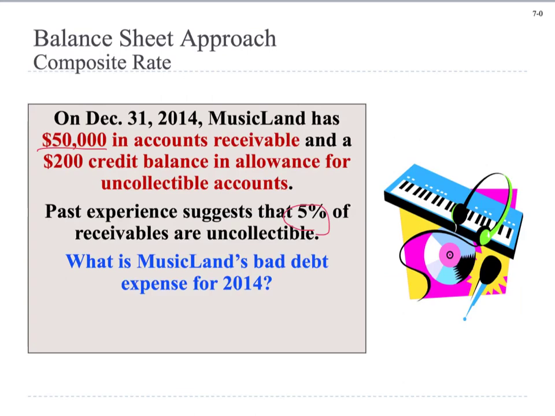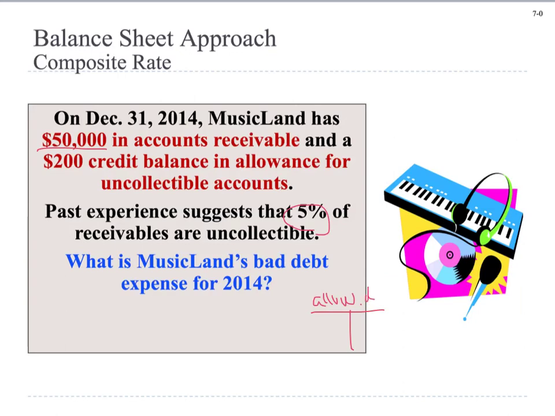However, you can't forget when you're looking at the balance sheet approach, you have to consider what is already in your allowance for doubtful accounts. They're calling it allowance for uncollectible accounts. I call it an allowance for doubtful accounts.